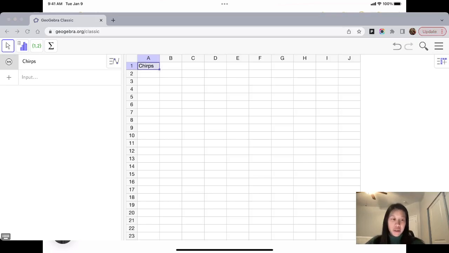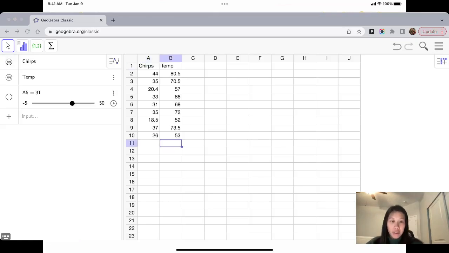Let me pause the video and type this in. Okay, I just finished typing all the data in, which is the chirps and the temperature. The first column represents the x-axis, and the second column represents the y-axis.